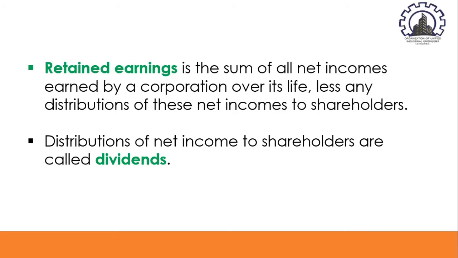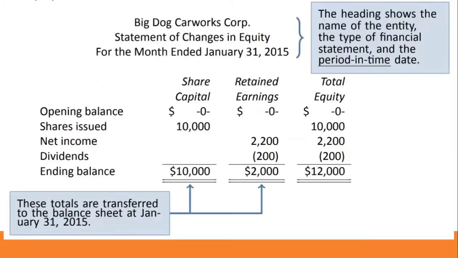Now, going back to our example, take note that shareholders generally have the right to share in dividends according to the percentage of their ownership interest. Now, to demonstrate the concept of retained earnings, recall that Big Dog has been in business for 1 month in which $2,200 of net income was reported.